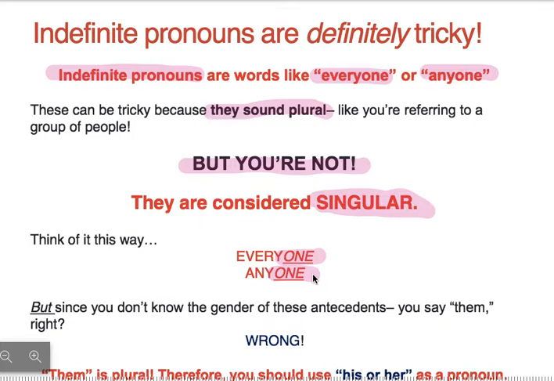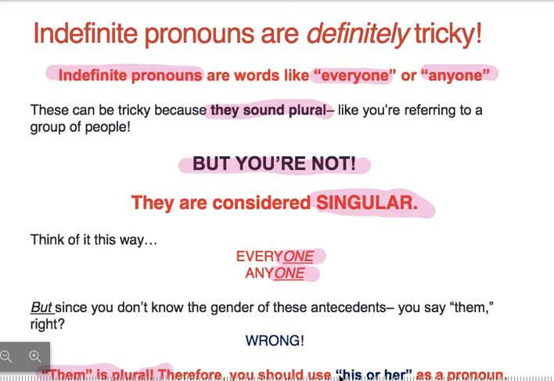So they're singular. But we don't know the gender of everyone or anyone. So usually we say them or they, and that's a common error. Them or they is plural. So it wouldn't agree. If everyone is singular, we can't use the pronoun them because it's plural.